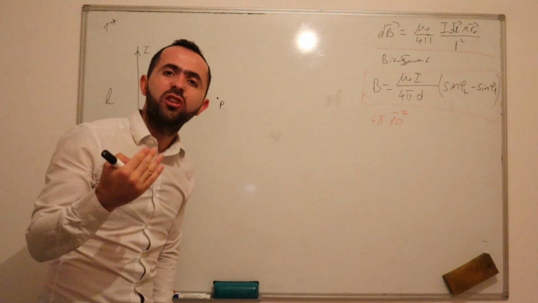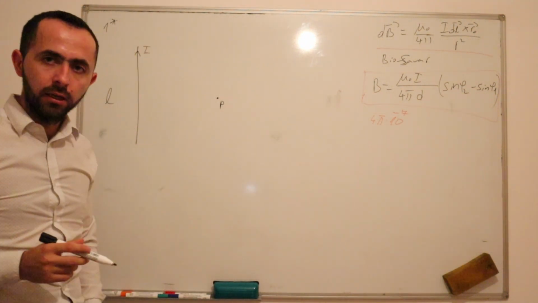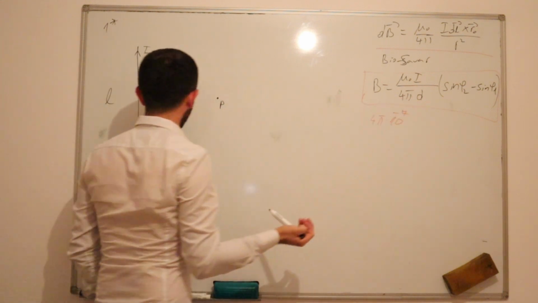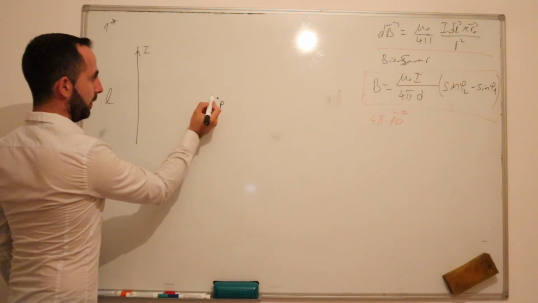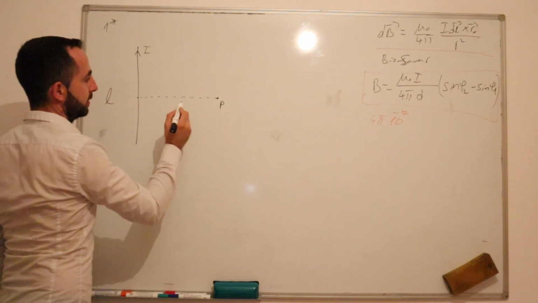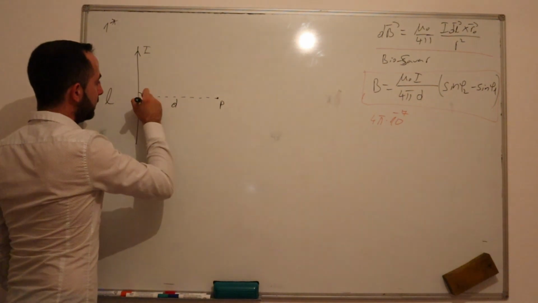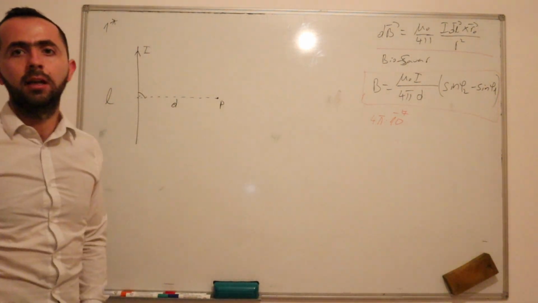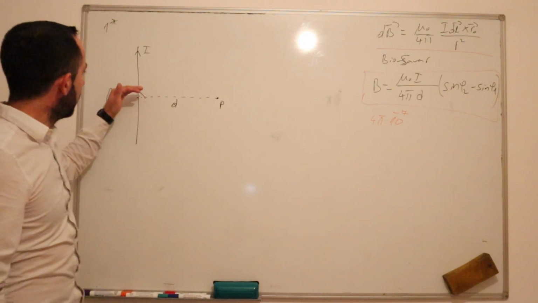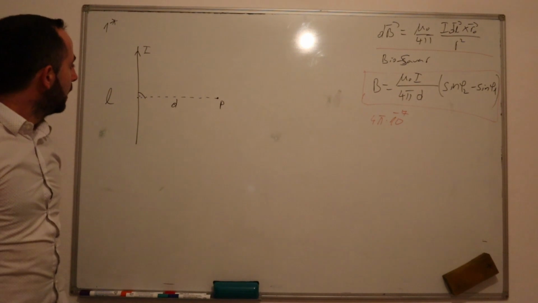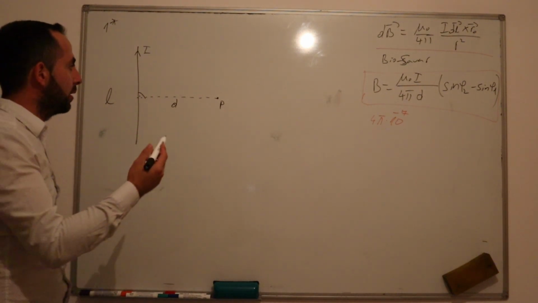So, our first step is to draw a distance D, which is normal to this conductor. Remember, it must be normal to this conductor. Now, when we draw this distance D, we can get two angles.